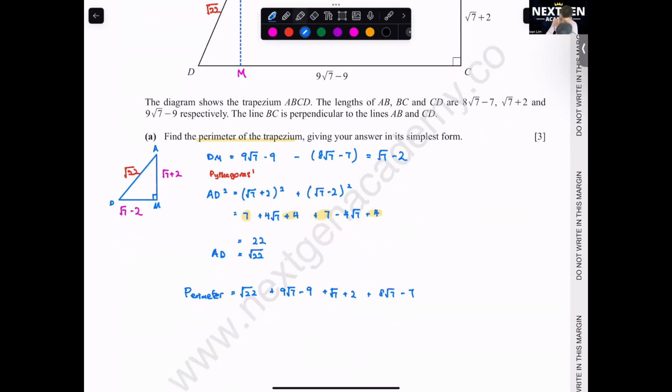Okay, all the ones that are the same terms, we can add it up together. 9 root 7, root 7, 8 root 7, then minus 9 plus 2 minus 7. We will get 18 root 7 plus root 22 minus 14.